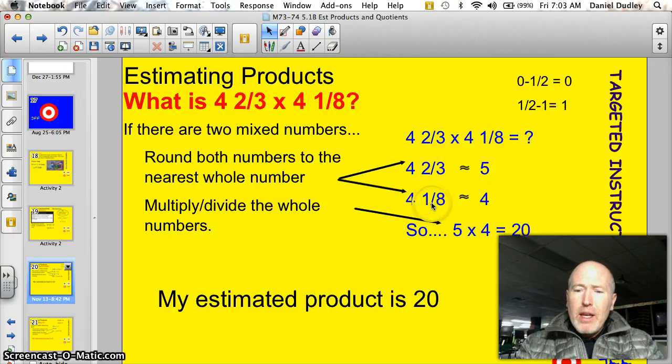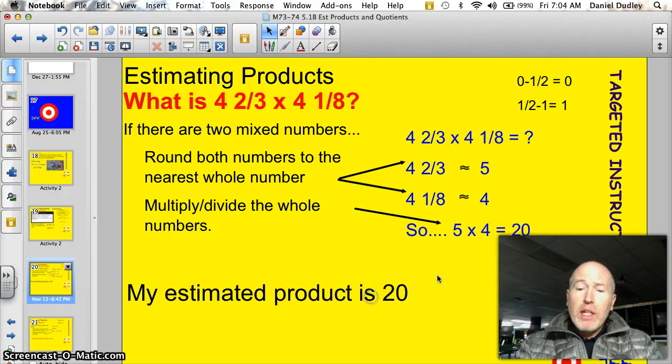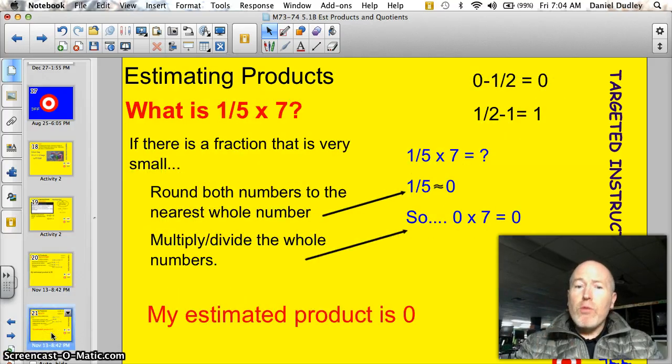Well, 1/8 is smaller than a half, quite a bit, so we're just going to call that 4. So my estimated product is multiplying these two rounded numbers together, 5 times 4, which is 20. My estimated product, 20. Slam bam, thank you ma'am. It's pretty easy if you just reason your way through it.